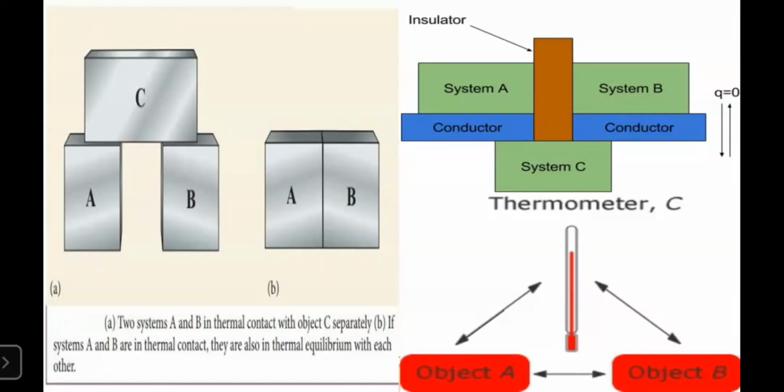Insulator means, is there any heat transfer between A and B? No, ma'am.